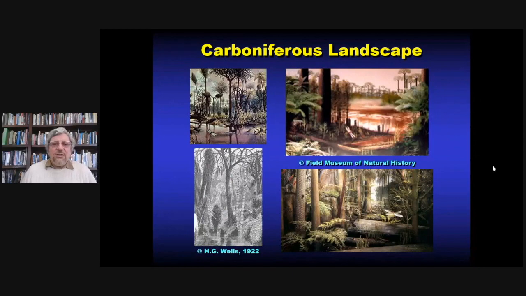Then the Carboniferous reconstructions, the coal forest reconstructions, would in fact be the center of this floating forest. The beautiful dioramas, such as the one on the lower right in the Field Museum of Natural History, a spectacular three-dimensional, full-size diorama, would be a picture of what this floating forest looked like in place.